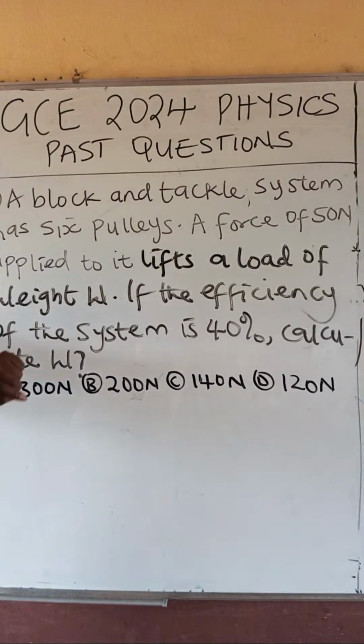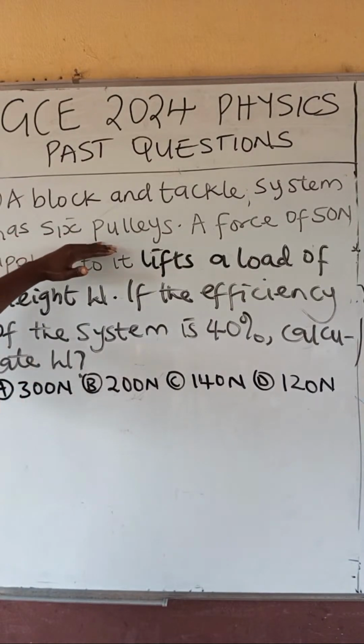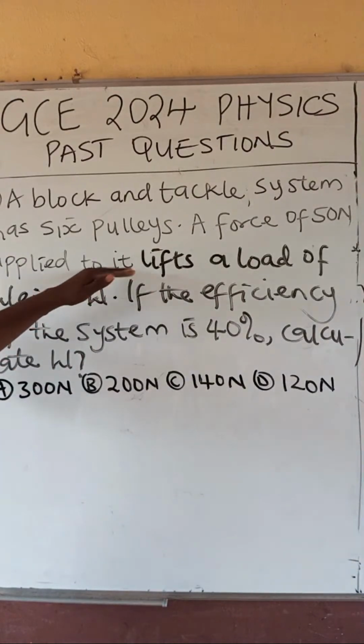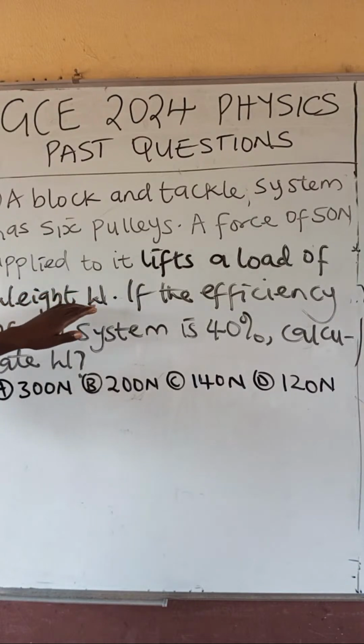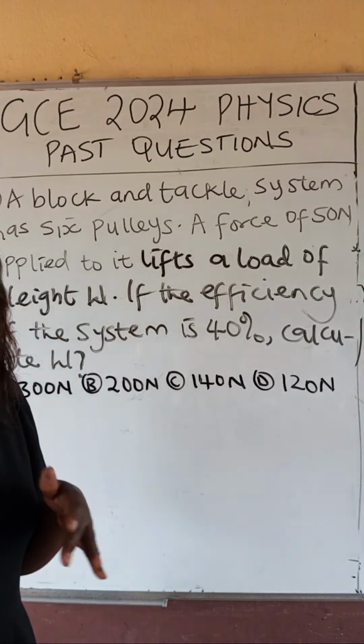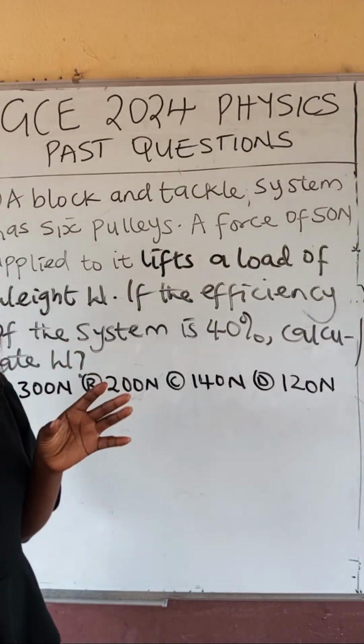A block and tackle system has 6 pulleys. A force of 50 Newton applied to it lifts a load of weight W. If the efficiency of the system is 40%, calculate W. Now, when you look at this block and tackle system, it's an example of a simple machine, okay?